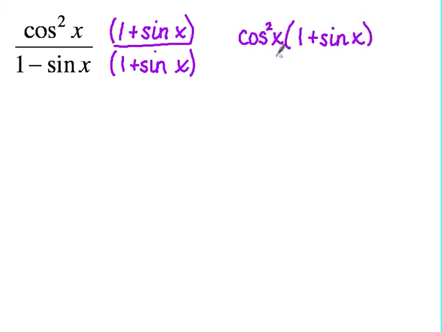The denominator, I need you to FOIL out the first and the last. And what do you get? 1 minus sine squared.